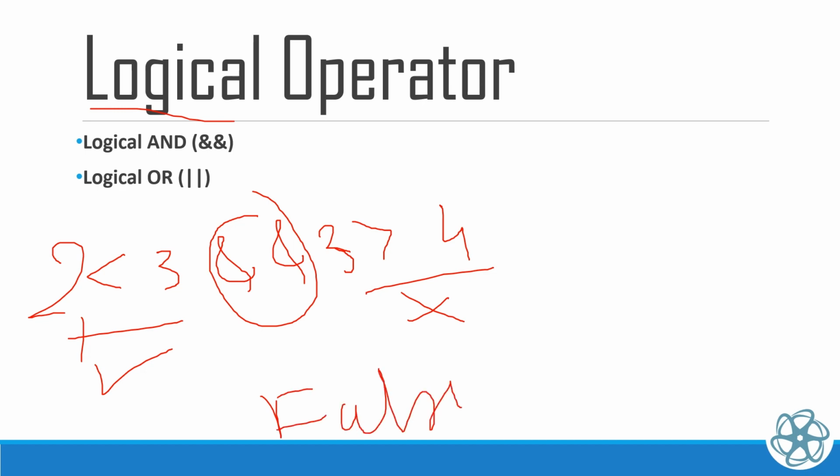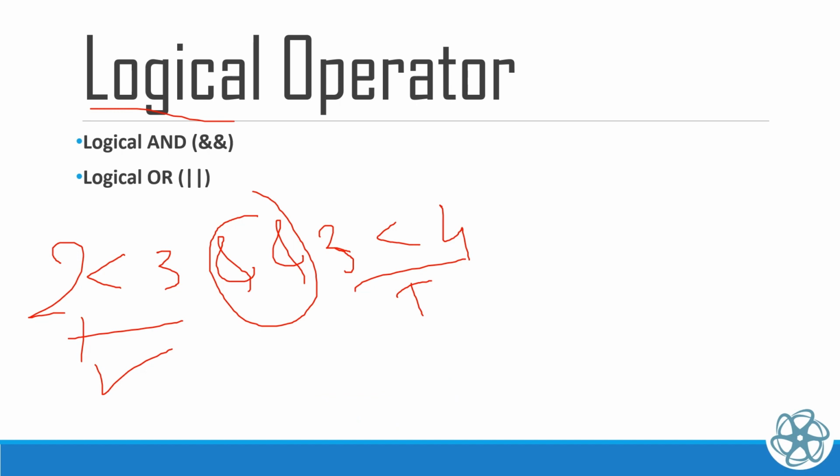What you get from this is that both the conditions must be true. Like if I give here 3 is less than 4, which is true, then it will return true. This is what the logical and operator does.